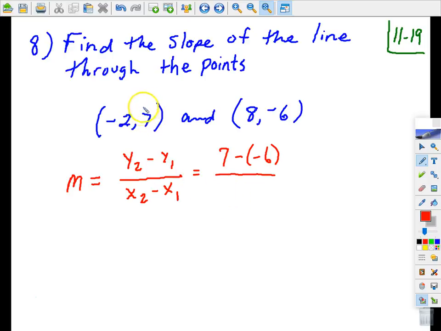You're going to mess yourself up if you start with this on the top and then you're not consistent and you decide to start with this on the bottom. So whichever ordered pair you start with, do the same thing on the top and the bottom. I started with the 7 on the y top side, so I'm going to start with -2 for x on the bottom side. And so this is 13 over -10, or -13/10.